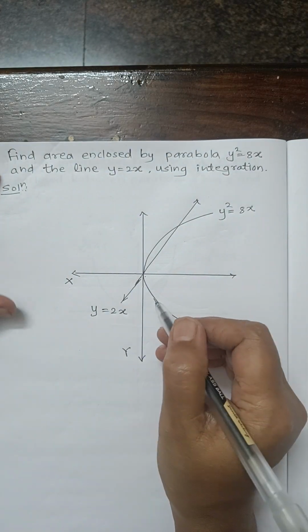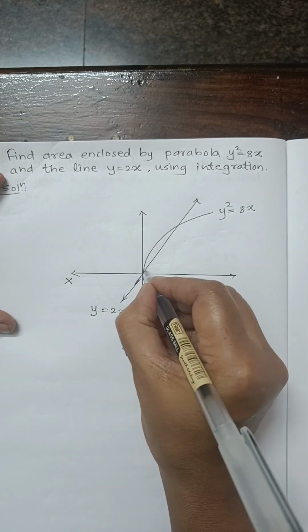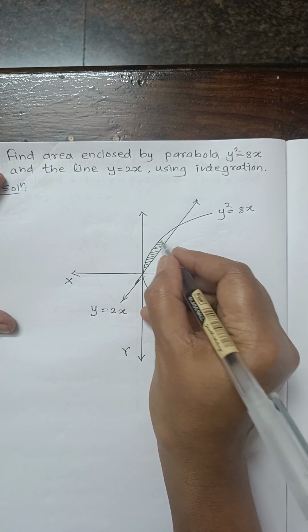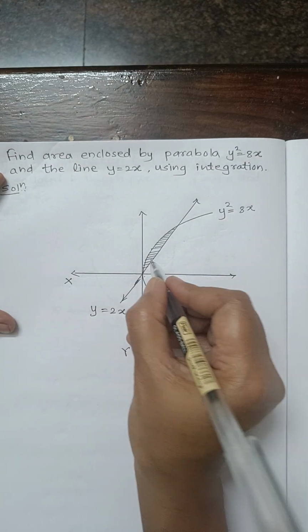We have to find the area between the parabola and the line, meaning this area, the area of the shaded region.